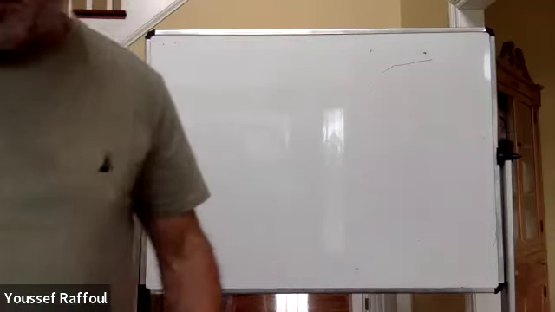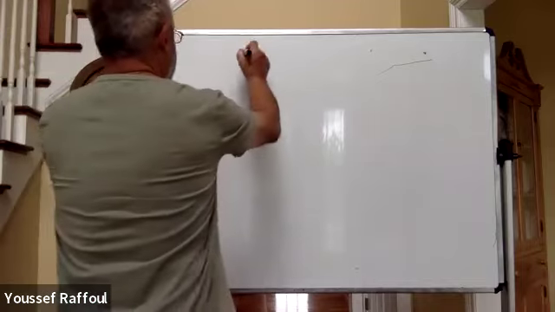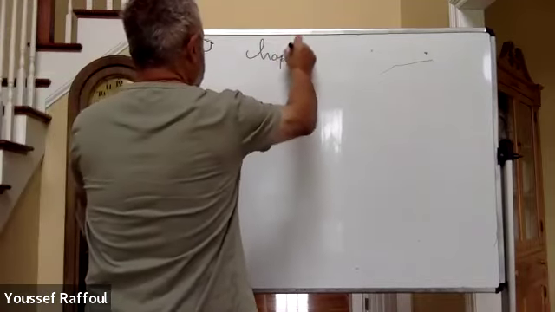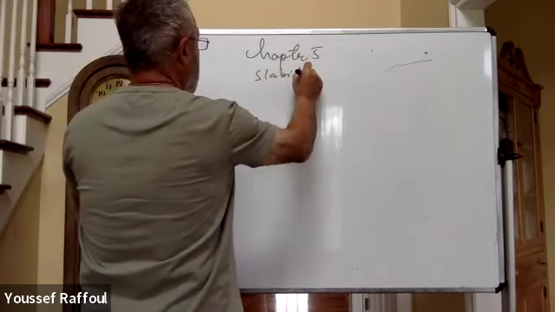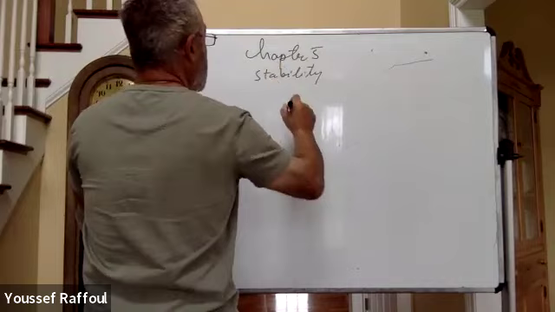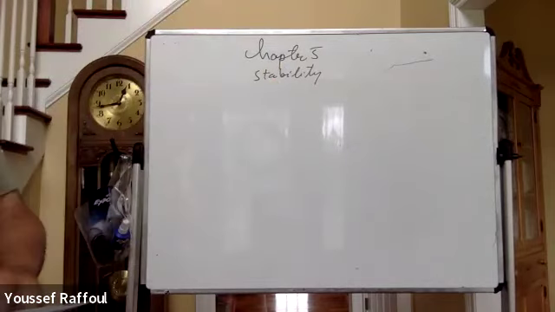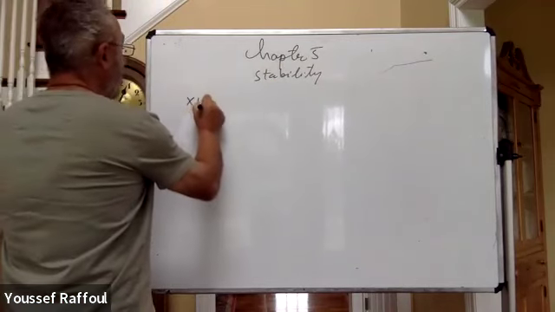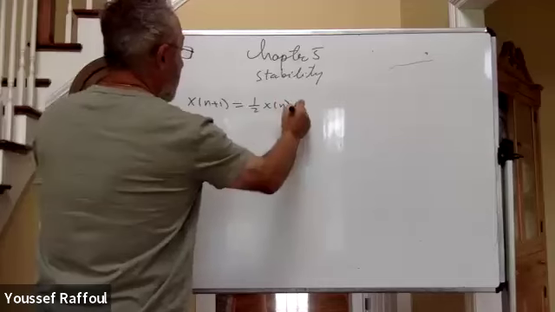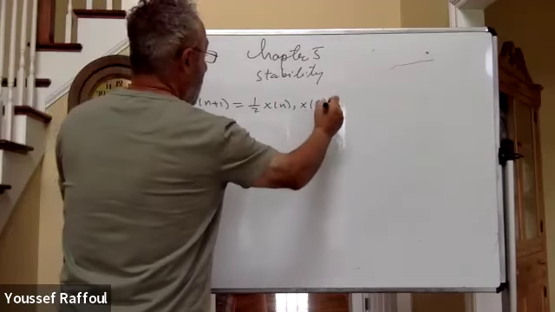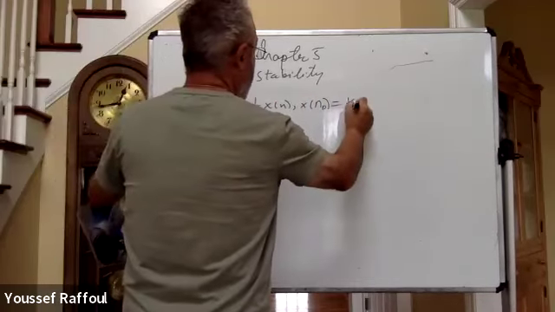Today we're going to start a new chapter called Chapter 5, Stability. Stability is an important part of any time varying system. In general, let's take a look at x(n+1) equals 1/2 x(n), with x(n0) equal to x0.